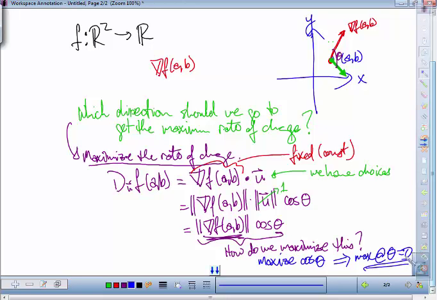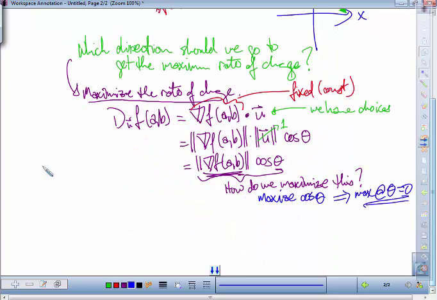So, if the maximum happens when theta is equal to 0, what does that mean? It's going in the same direction as the gradient.